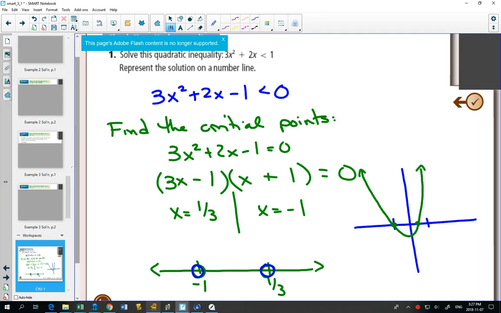Just a quick sketch, having it open the correct way. We want to find out when it's less than 0. In other words, on my graph, when are my y values negative? Can you see that the middle section is where the y values are negative? And so you could do, I know this is true, I know these are false. That's using the graph.